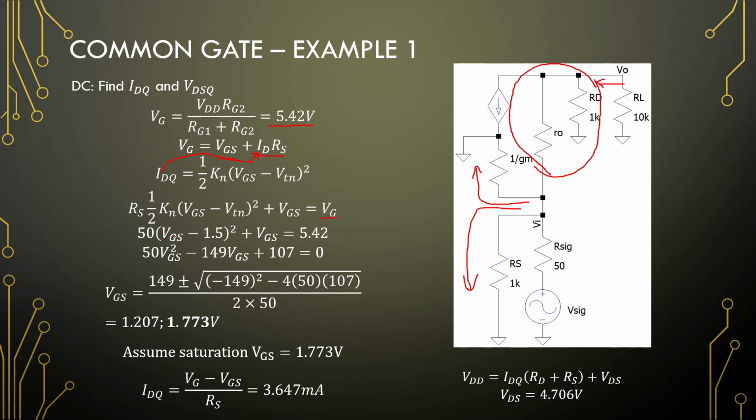And going through all the simplifications, we end up with a quadratic equation again, and we will get two values out again.